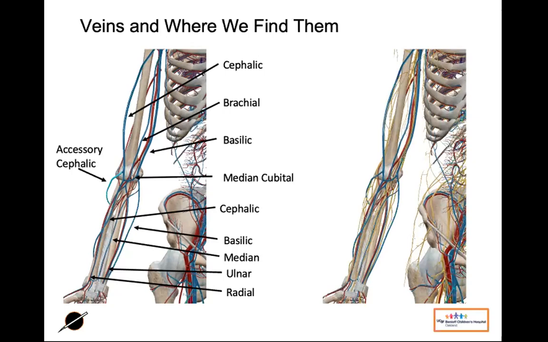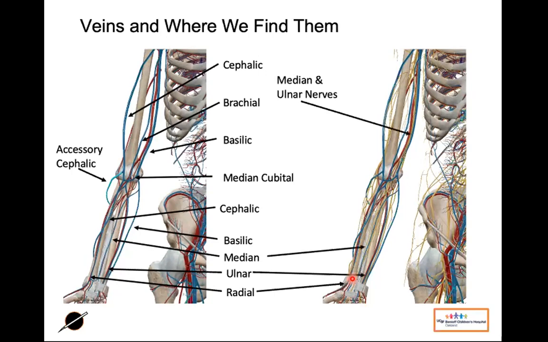This is especially true when we look down here at the wrist, see my laser pointer, when they run along the ulnar and the radial arteries and veins. And then again up here in the upper arm, the median and ulnar nerves will run right along the blood vessels there as well, the brachial and the basilic.